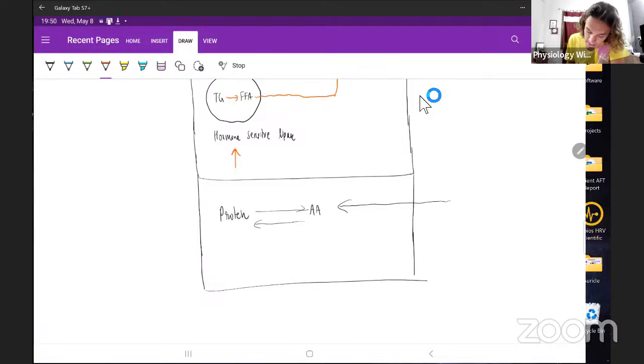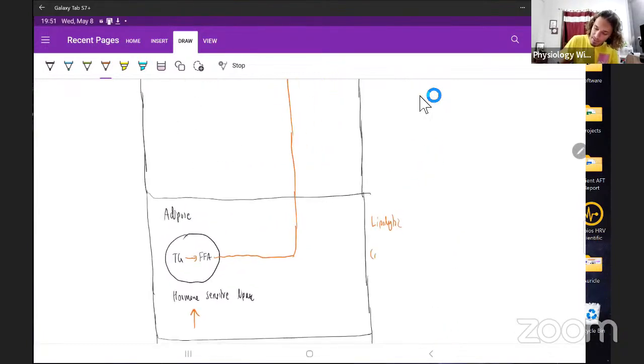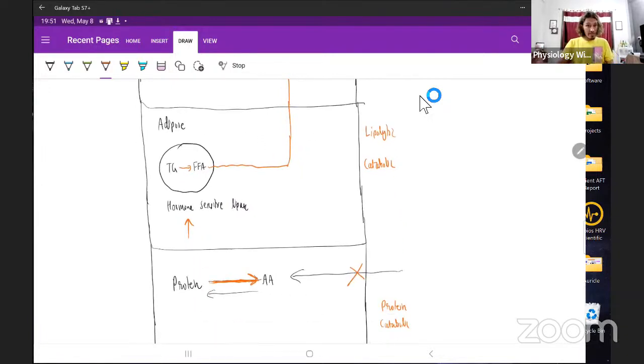One, it increases the catabolism, that is breakdown of proteins. Two, it inhibits the uptake of amino acids into general cells. Most of the cells, it inhibits the uptake. Okay, so this is also catabolic for protein. This is also catabolic for lipids. I hope you are there with me till now.